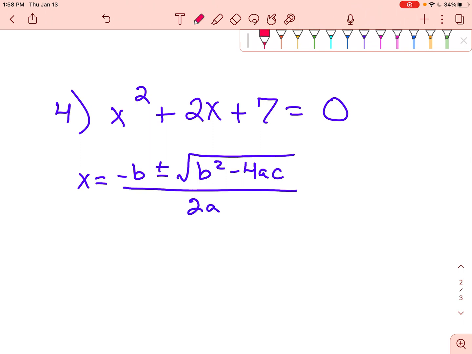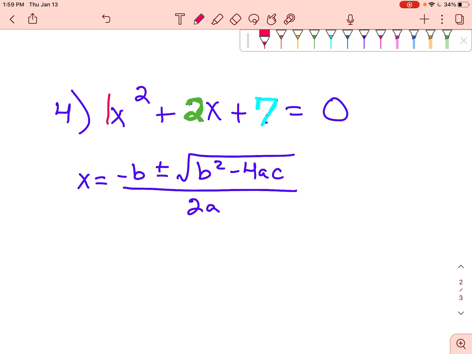So once again, your a represents the number that is in front of your x squared, and because there's nothing there, there is a 1 there. Your b represents the number that is in front of the x. For the a, did I say x? I meant x squared. b is in front of the x, and c, see you later. See ya. He's all by himself.